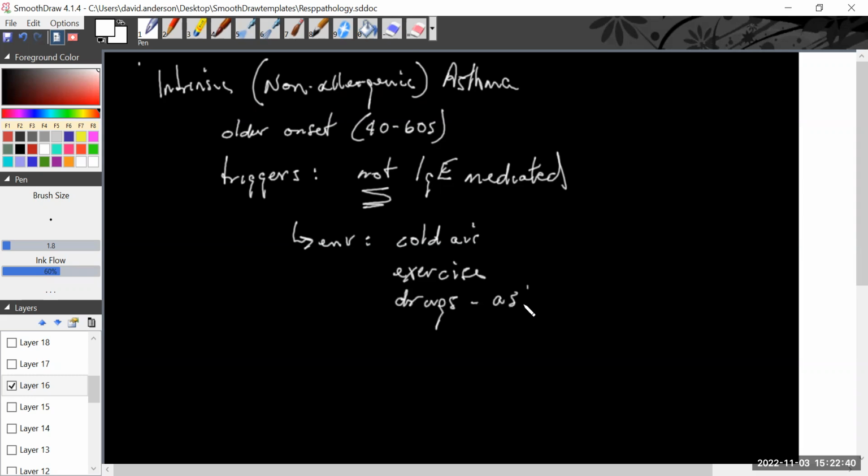Some people will have an intrinsic response to aspirin or alcohol. These triggers do activate mast cells, but not mast cells that are associated with the antibody IgE. So the mast cell reaction still occurs, and all the rest of the pathogenesis will be very similar. It promotes inflammation, permeability, mucus plug formation, bronchoconstriction, all of those same things are going to happen, but the trigger was different.